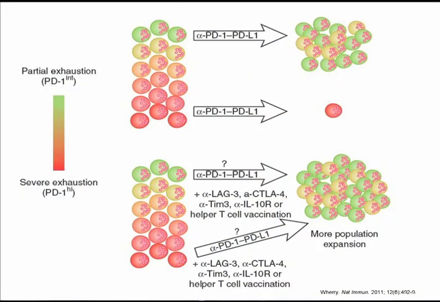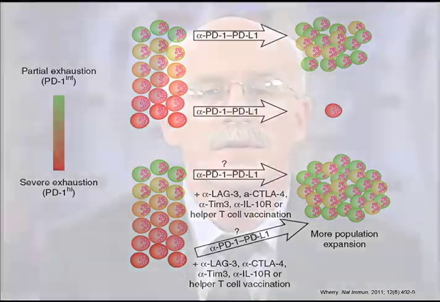What is hoped in the future is that you can combine anti-inhibitory molecules against PD-1 or against CTLA-4 with additional stimulators to rescue even a higher number of these cells and treat not only chronic infections such as hepatitis C and HIV, but also begin to treat some of the tumors that might be susceptible to immune stimulation.